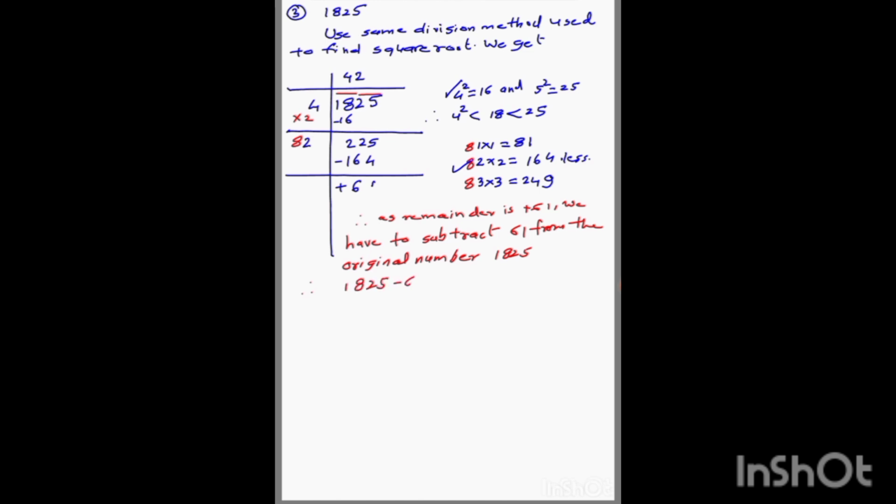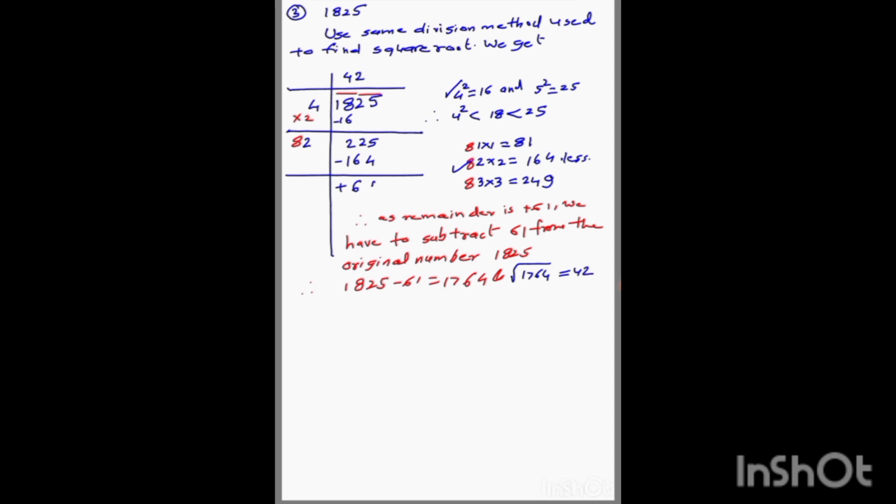So we are carrying it out here. 1825 minus 61 is 1764. Yes, and this is a perfect square. Perfect square of what? The answer 42, which we got. So root of 1764 is 42. Got it?